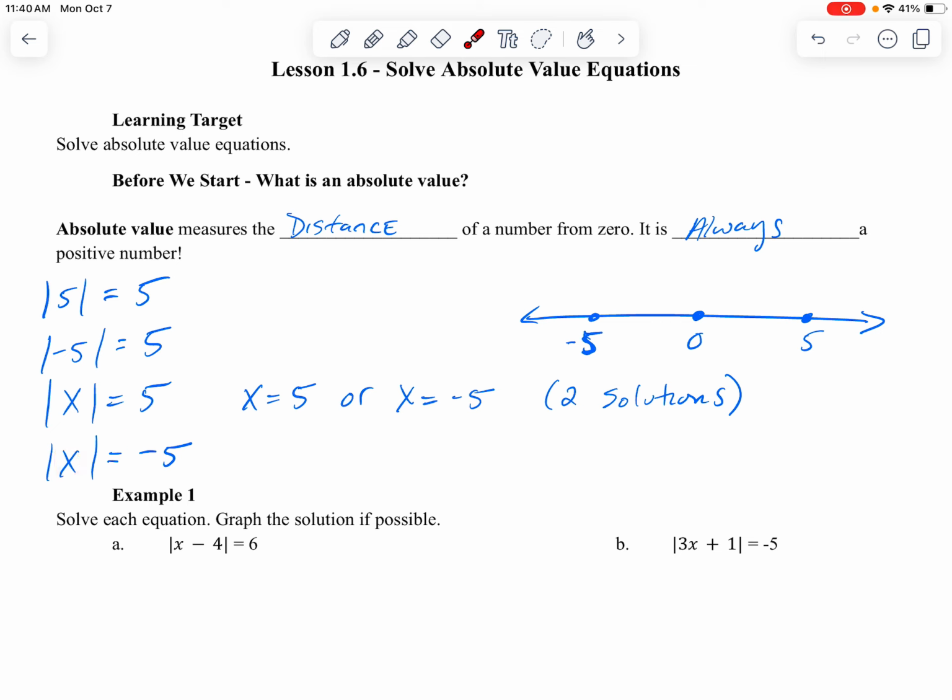The answer is no. There's nothing I can put in here because absolute value makes those values inside positive. So this actually has no solutions. We'll see a couple different cases like this, but whenever we have the absolute value of something equals a negative number, we know that can't be possible. There's no possible value of x that could make this true.